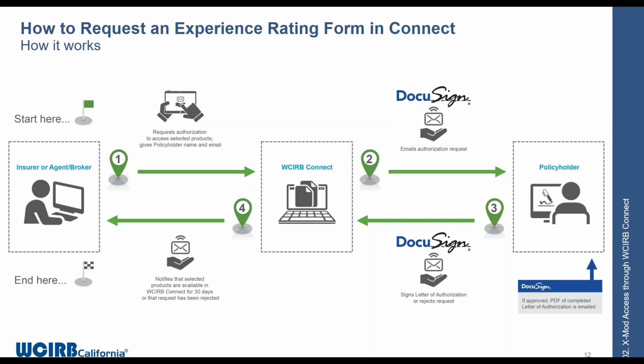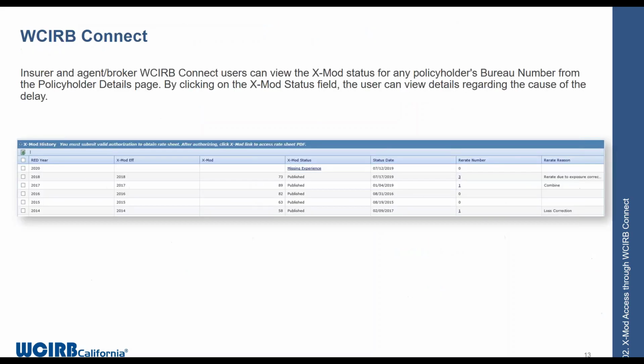So what will happen in Connect is all of a sudden you'll have a hyperlink by that experience modification percentage, and once you click on that, then you can get the PDF rate sheet. Insurers and brokers, as you're going into the WCIRB Connect site, once you find the policyholder, there are search parameters to help you find the bureau number.